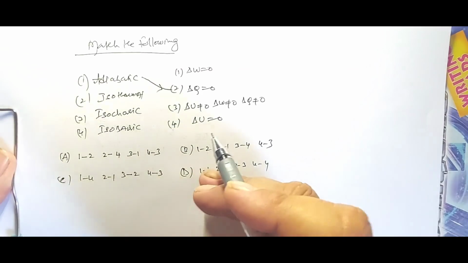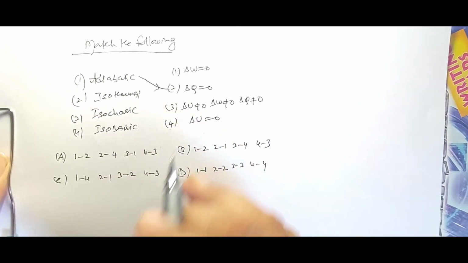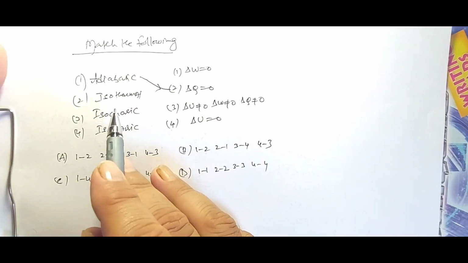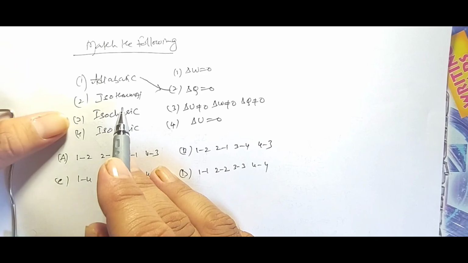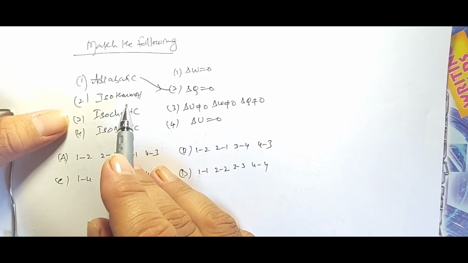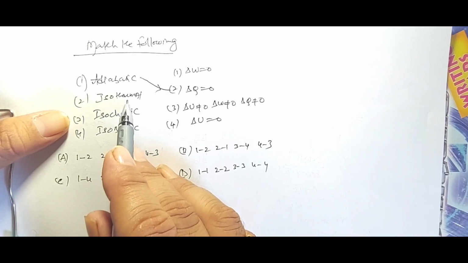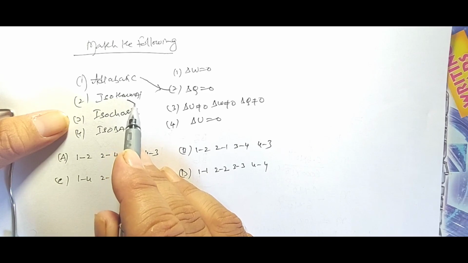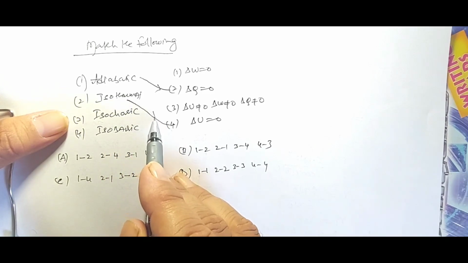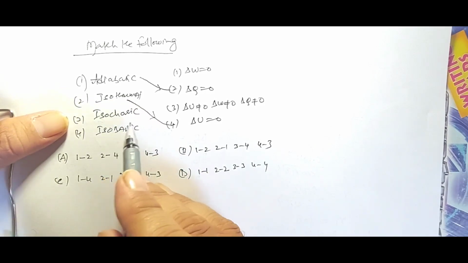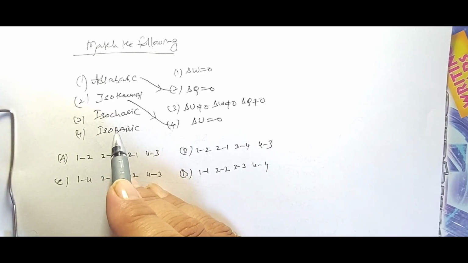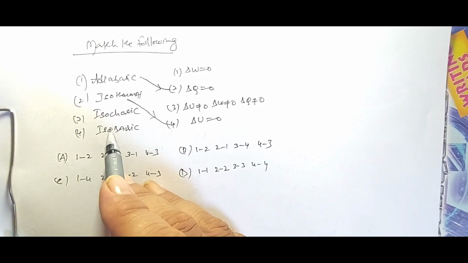So 1 is matched to 2. Isothermal. Isothermal process means a process in which temperature is constant. When temperature is constant, there is no change in internal energy. So 2 matches to 4. Isochoric process means a process in which volume is constant.